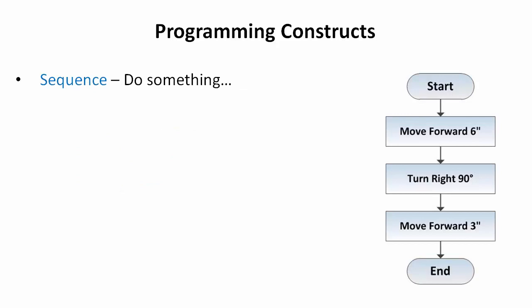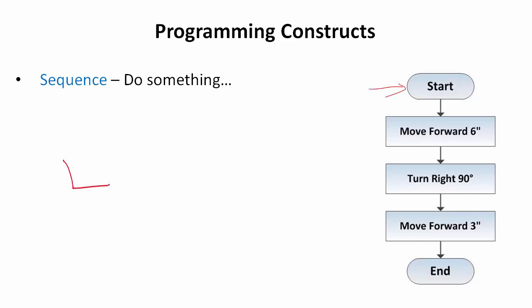So let's take a look at a sequence. This is a graphical interpretation of what the program is going to do, in the form of what's called a flow chart. We start the program, and let's say we have a sequence of things it's going to do. We're going to move forward 6 inches, turn right 90 degrees, move forward 3 inches, and then end.